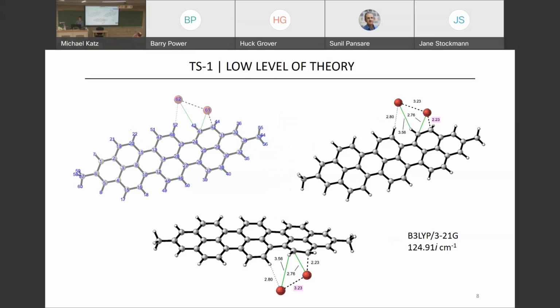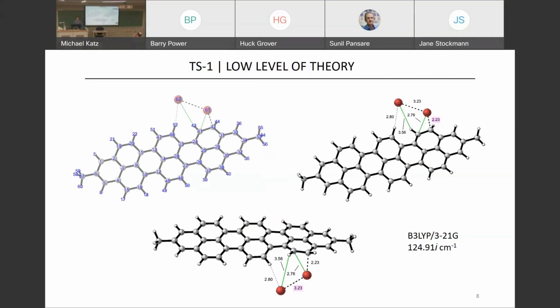Okay, moving on, extrapolating that structure that we've obtained for the ethene, this is the structure that we obtained for our model compound. The transition state structure at the B3LYP/3-21G level of theory, which is a slightly lower level of theory than the one that we talked about previously. But in any case, it is a transition state structure.